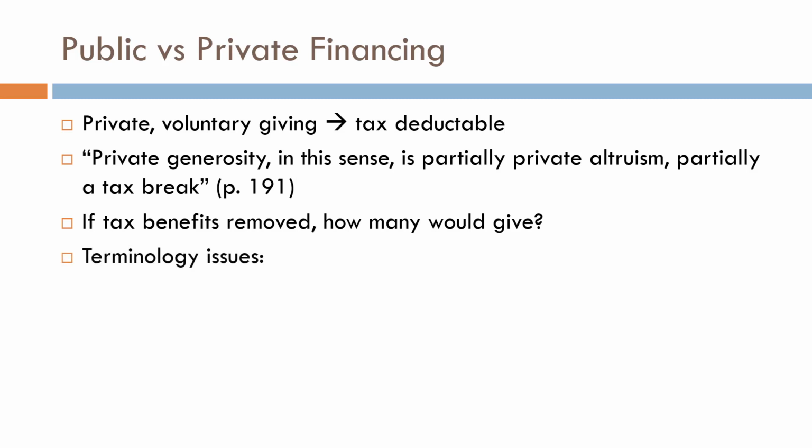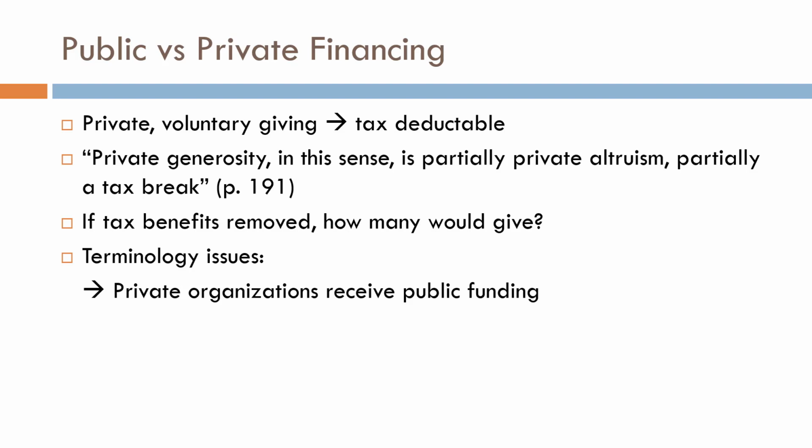Now, there are also some terminology issues. Private organizations do receive public funding, and this has become increasingly so over the years. And yet, the private sector, the nonprofits, often refers to itself as the independent sector because they're supposed to be autonomous and independent from the control of government.